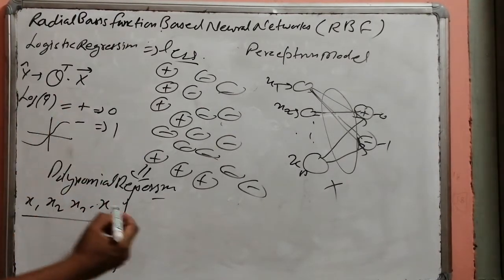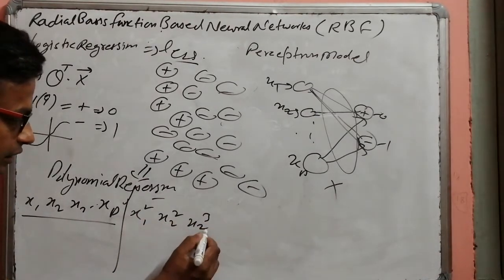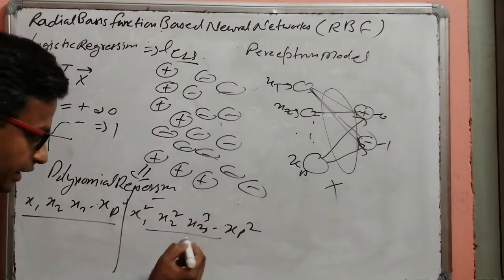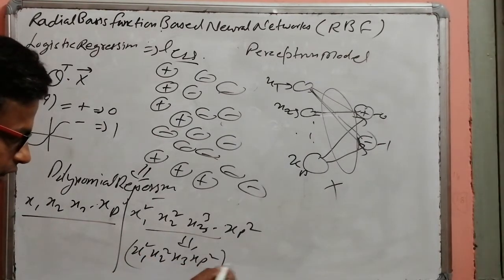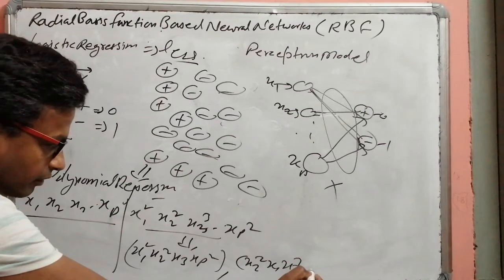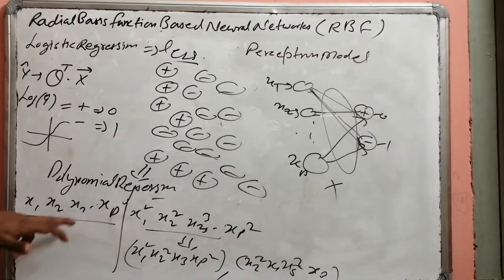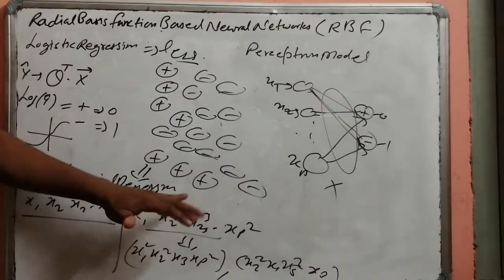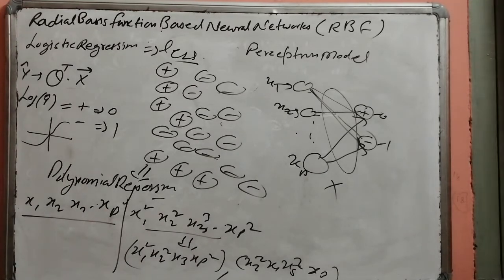So it tries to map them to some higher degree, x1 square, x2 square, x3 square, up to xp square, and then it tries to take combinations of those, x2 square, x1 square, x5 square, and x3, etc. So it maps the linear space into a higher degree space, which may be non-linear also, and then tries to find whether there is any possibility of separating these two classes.